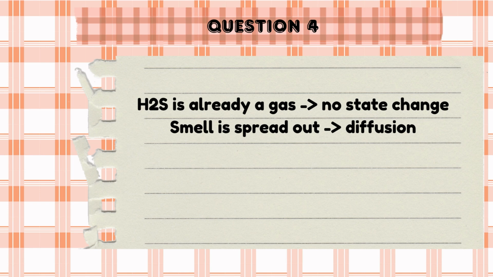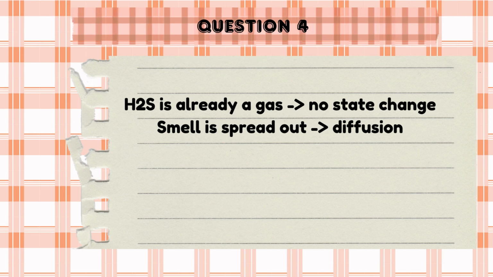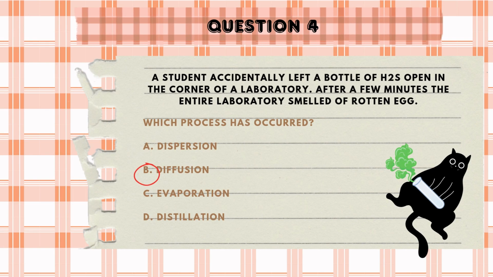Smell is spread out across the room, so diffusion is the correct answer. I haven't made a video about dispersion, but dispersion is different from diffusion because it is the spreading of mass from highly concentrated area to less concentrated areas, while diffusion is talking about the motion of particles. It is microscopic. So the correct answer is diffusion.